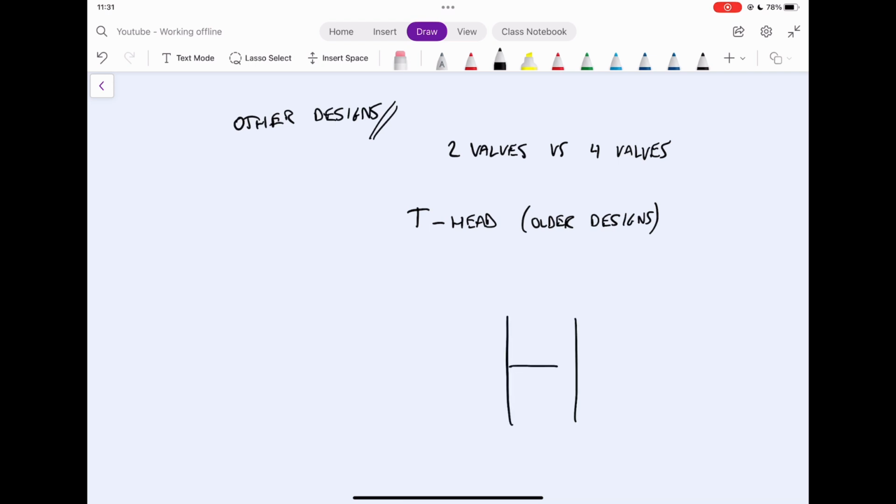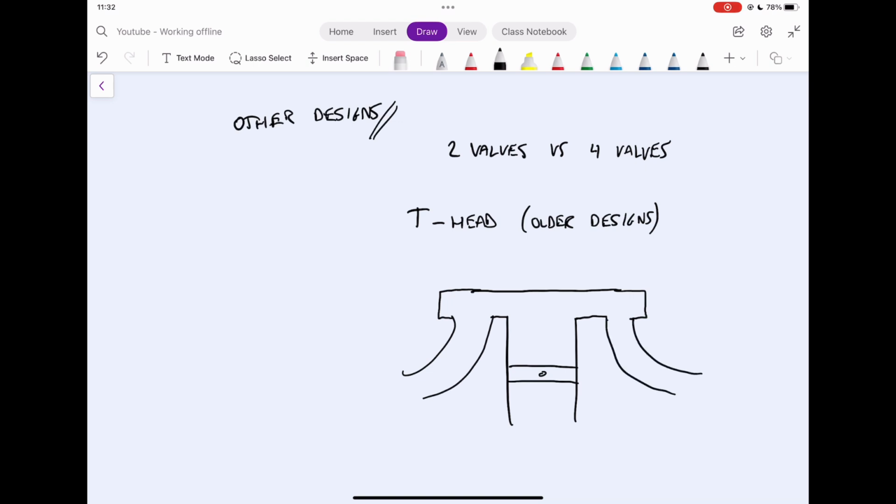The only problem is that the fluid mechanics and the fluid dynamics are not very good, so the fluids have to turn around a corner, which makes it a lot harder to get good flow and not a lot of losses in pressure. So it's not a very good design for nowadays, because nowadays we can design some very good engines with overhead valves, but this was used more in the 60s and 70s when engines were really becoming commonplace.